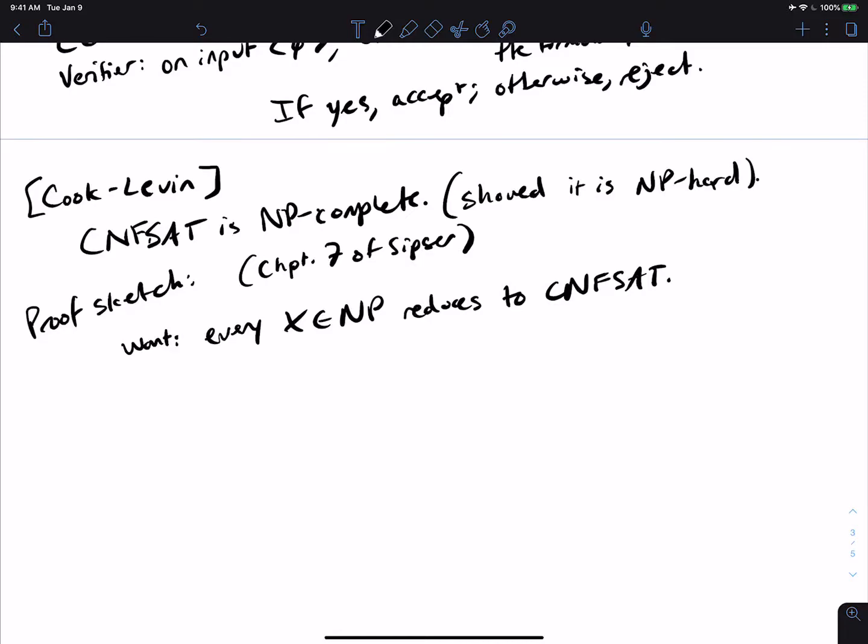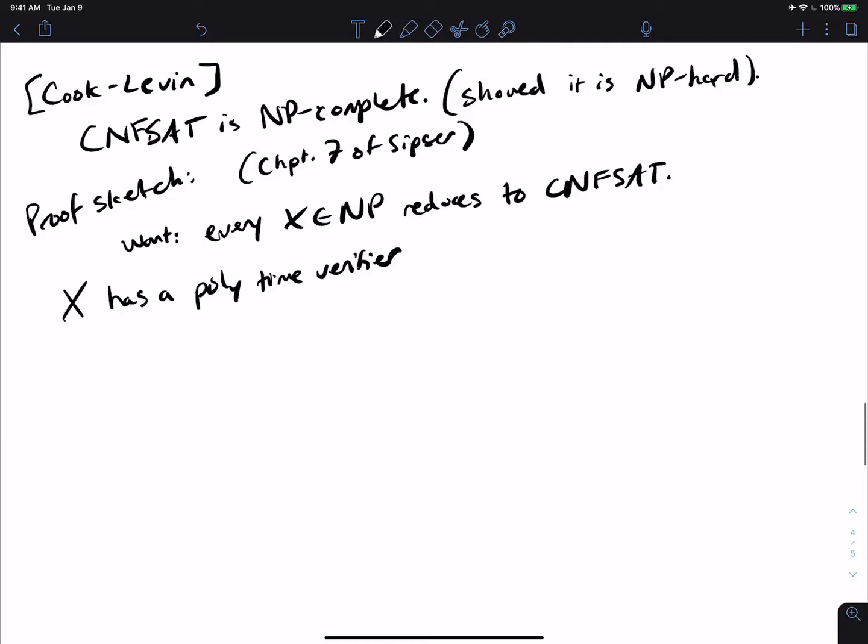We don't know anything about x other than the fact that it's in NP. So what do we know? We know that x has a polytime verifier. But the problem with the verifier's viewpoint of NP is that we don't know what the certificate is, so we can't really understand how it plays a role in what the verifier does.